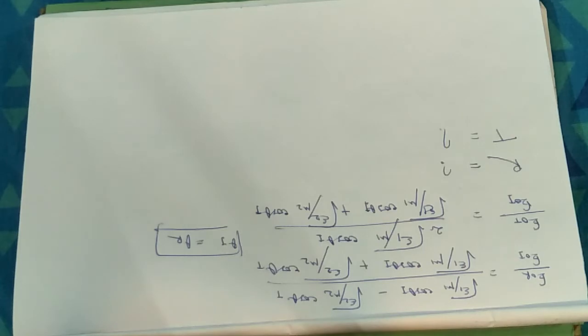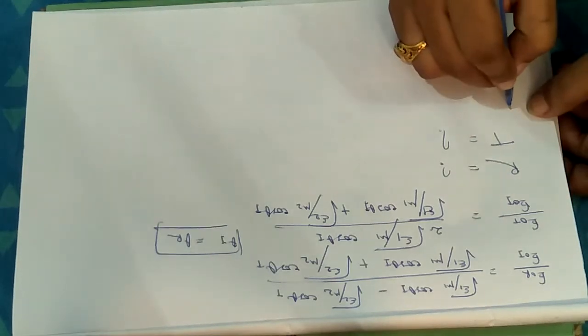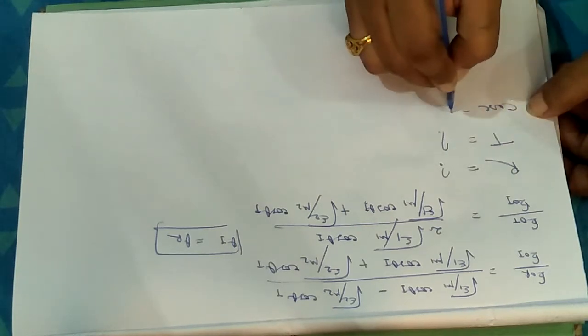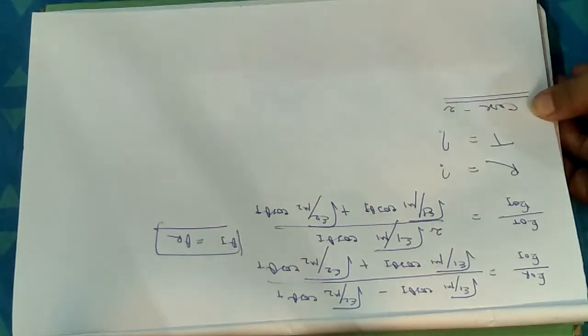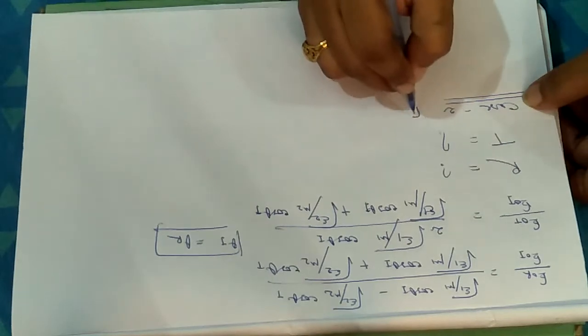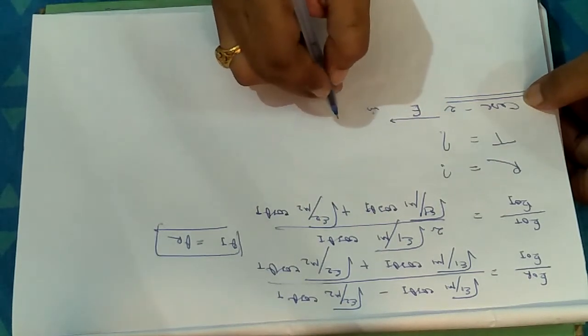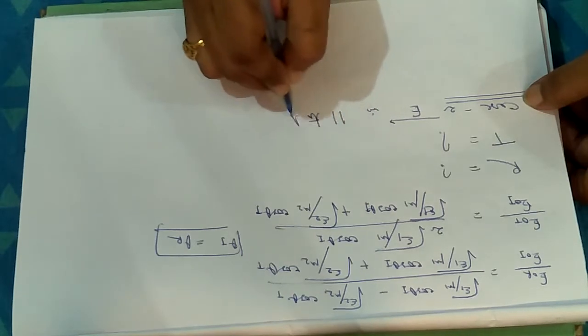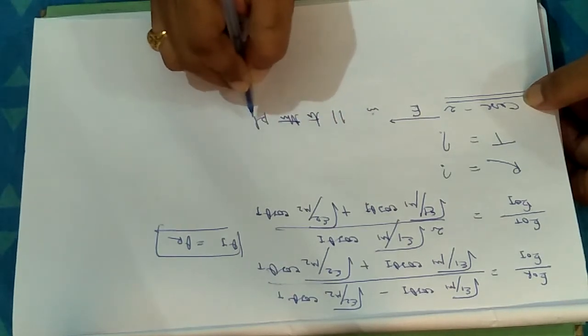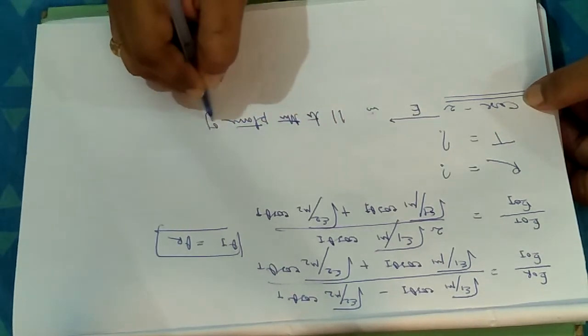And the next set of problems will be totally different. In that problem we are considering the other case, case 2, where the electric field vector E is parallel to the plane of incidence.